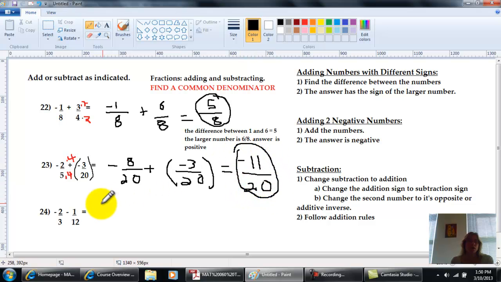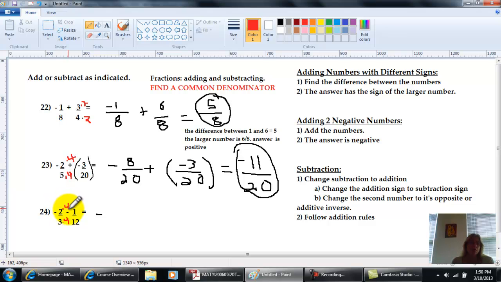Okay, now we're down here. We got two fractions, so find a common denominator. Once again, is 12 a multiple of 3? Yes, it is, which means 3 goes into 12. We only have to change the negative 2/3. So we keep our negative sign, and we multiply 3 times 4 to get 12. That forces us to multiply the numerator by that same number, 4.